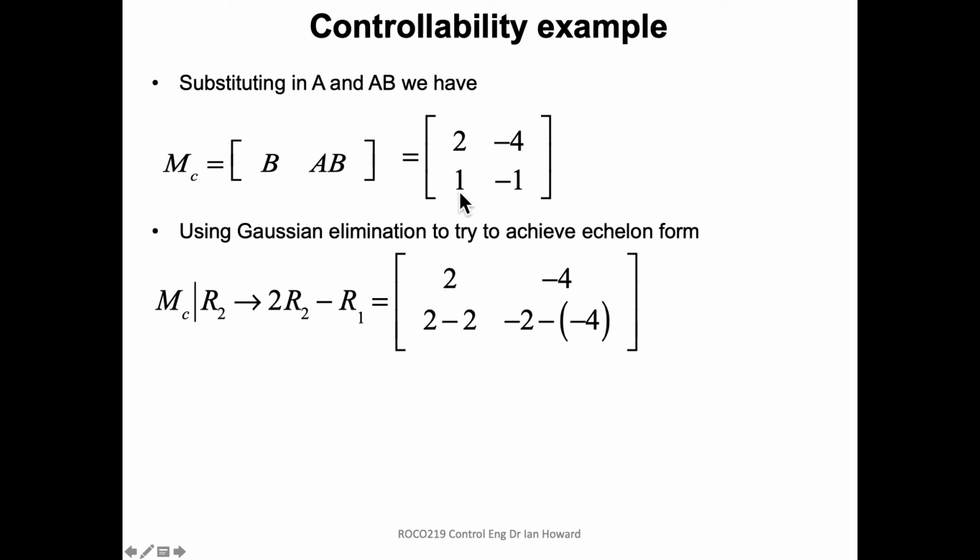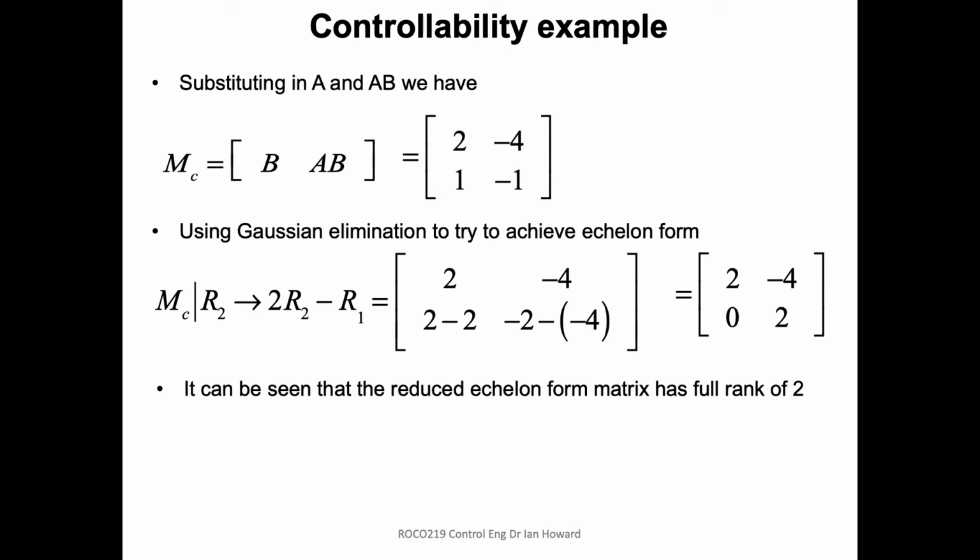We want to get a 0 here, and then it'll have an upper triangular matrix. So what we're going to do is make the new row 2 from 2 times the current row 2, take away row 1, because we're allowed to do that. We're basically looking for linear dependencies. So it's 2 times 1, take away 2, that goes to 0, and then 2 times minus 1, that's minus 2, take away minus 4. The first row stays the same, this goes to 0, and this goes to 2.